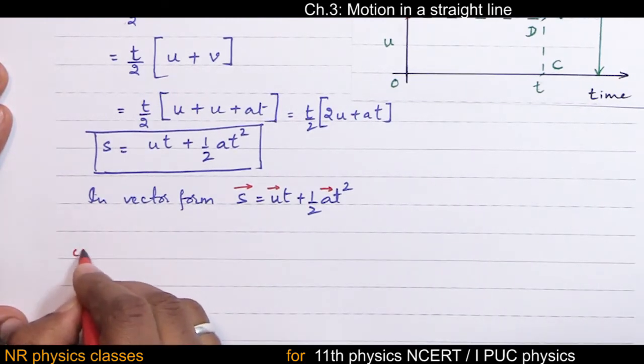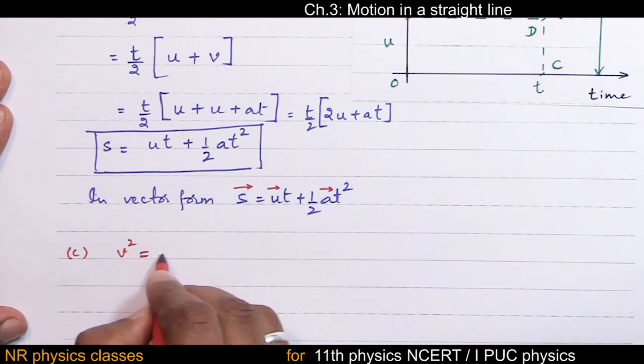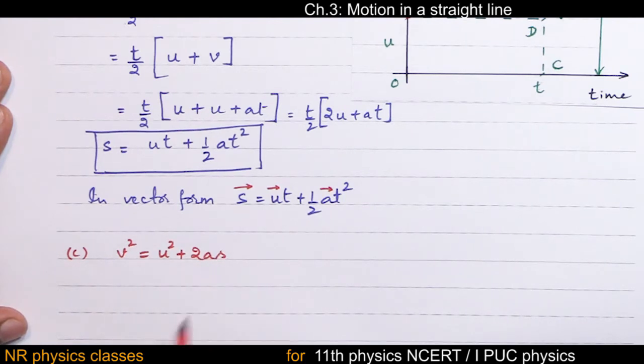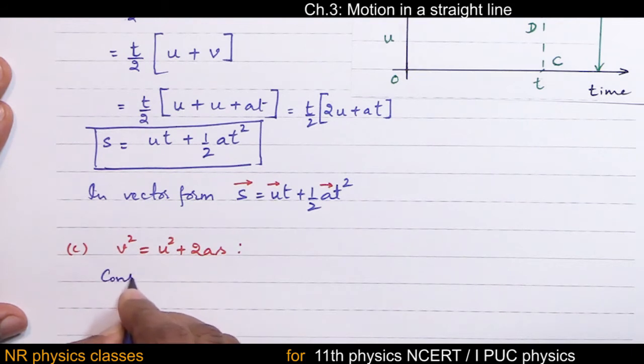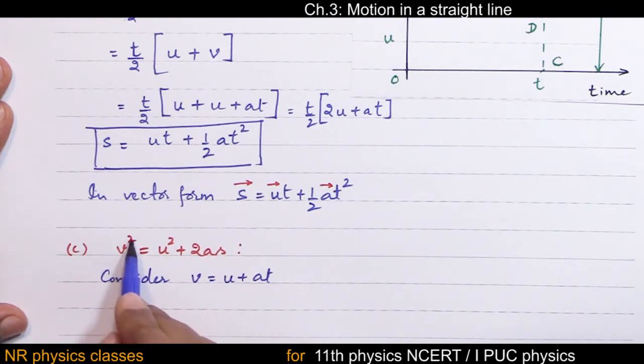Next, the third equation: V square equals U square plus 2AS. We should derive this expression. Consider V equals U plus AT. Since there is V square, square this.